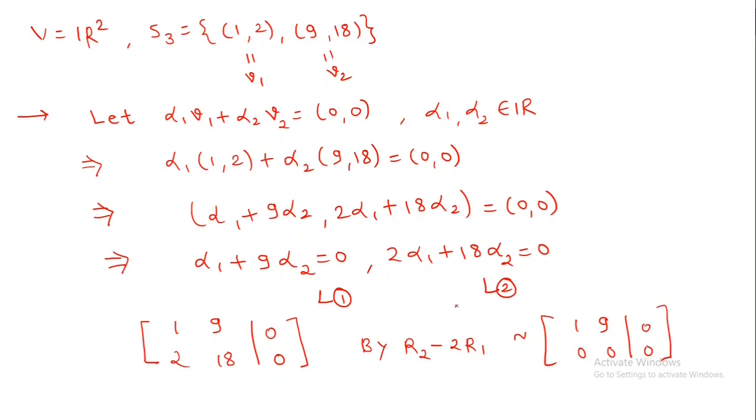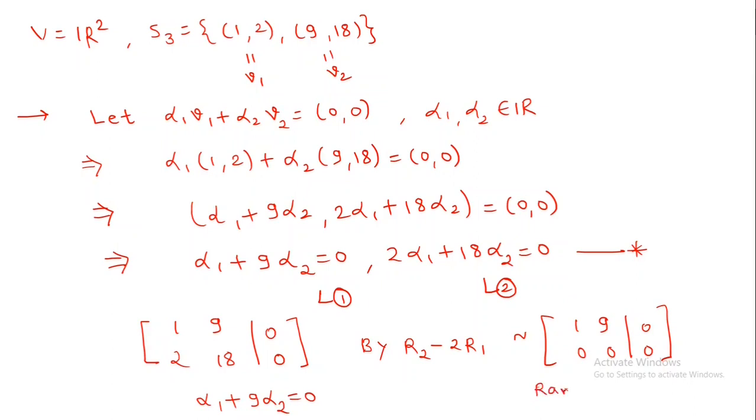Therefore this system star is equivalent to this system, alpha 1 plus 9 alpha 2 is equal to 0. Now what is the rank over here?